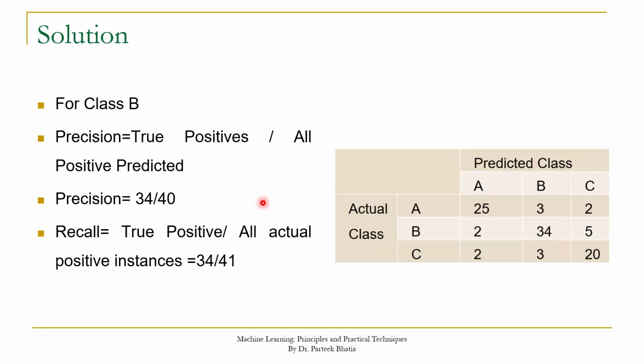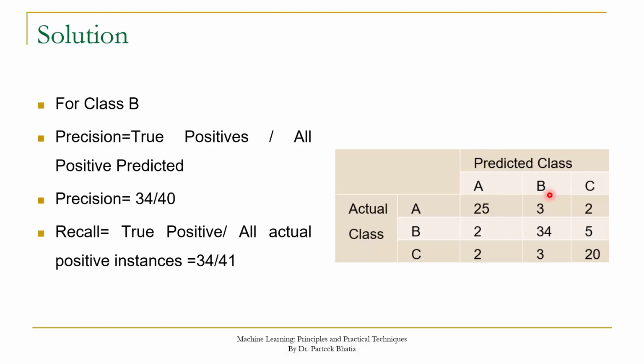So precision will be 34 divided by 40, and recall will be out of all actual B, the system is able to identify 34 correctly. So all actual B are 34 plus 2 plus 5, so it will be 41. So recall will be 34 divided by 41 for class B.